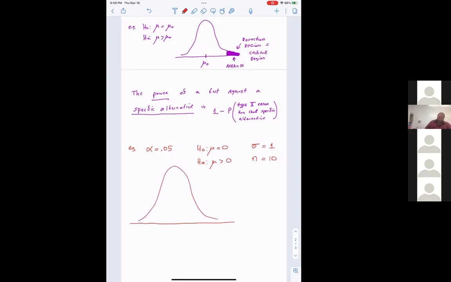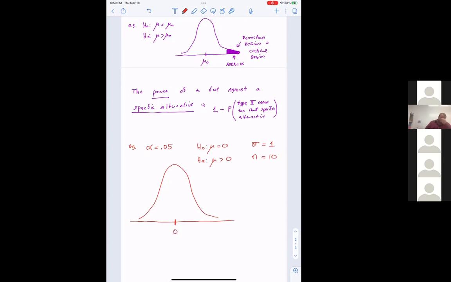If the null hypothesis is true, and remember, we always draw our curves assuming the null hypothesis is true, what's the center going to be? 0. The center is going to be 0, correct? And we have a sample of size 10. So what is the standard deviation of this particular sample distribution? One. Well, 1 is the standard deviation of the underlying population distribution.